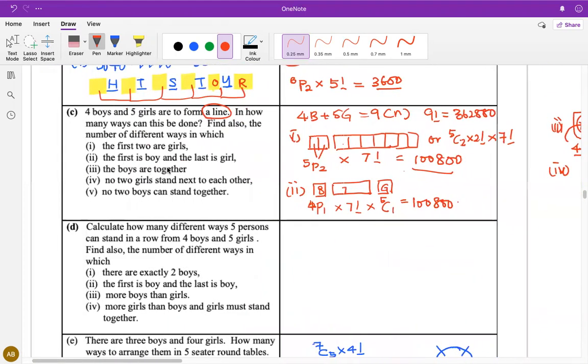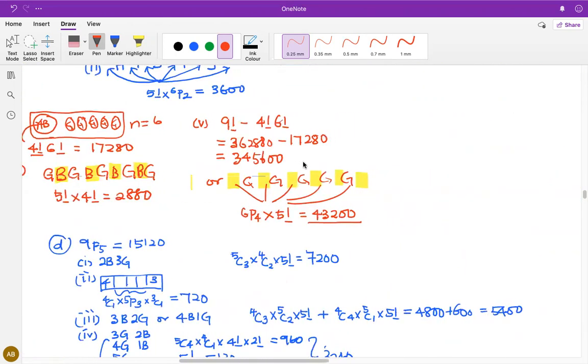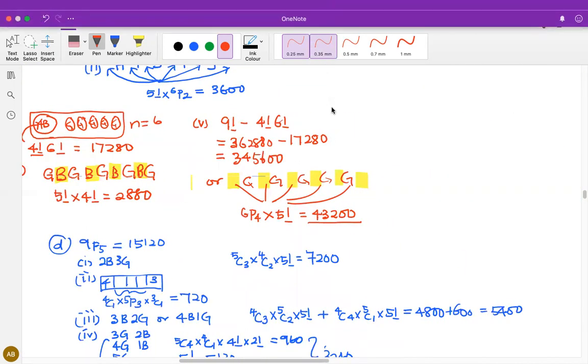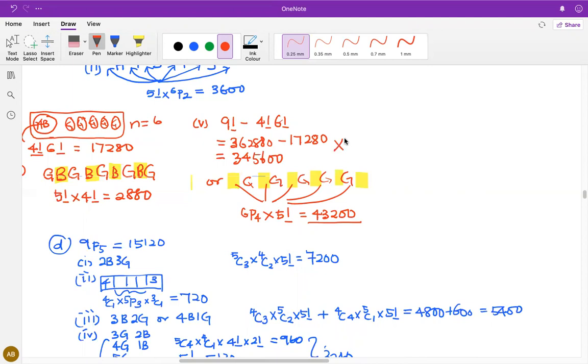Alright, the boys are together. No two boys are together. Okay, sorry. So we cannot use this method, right? This method is only for four together. It can be 2 together, 3 together, 4 together, right?